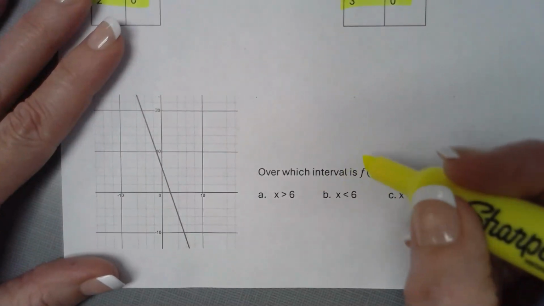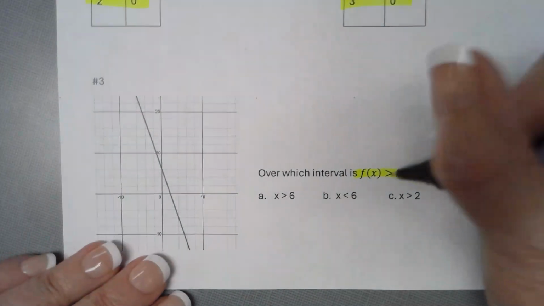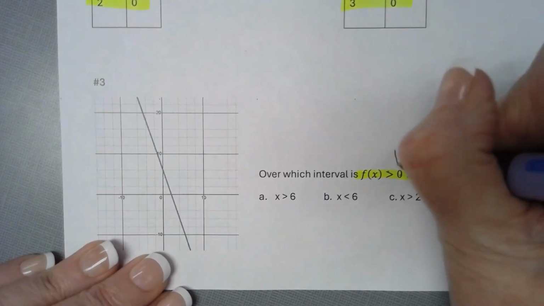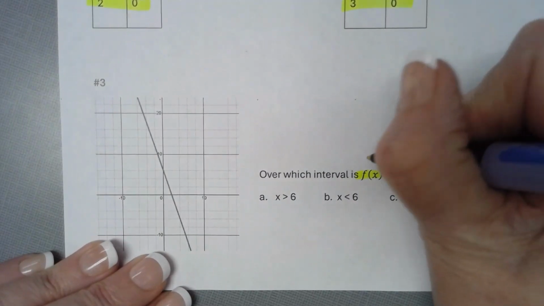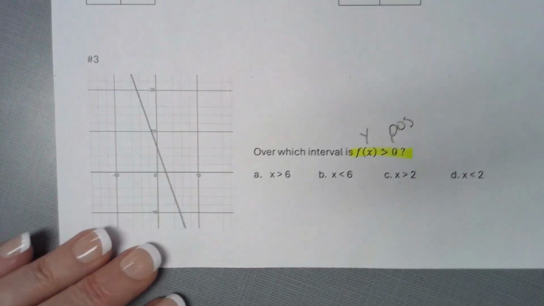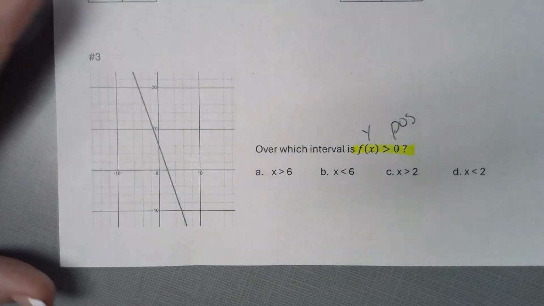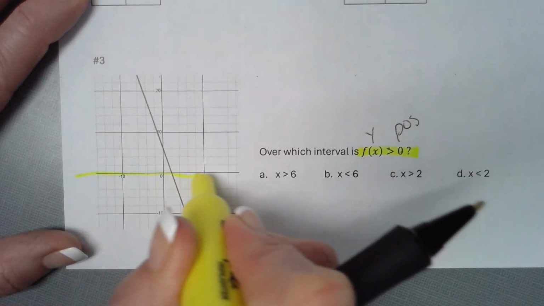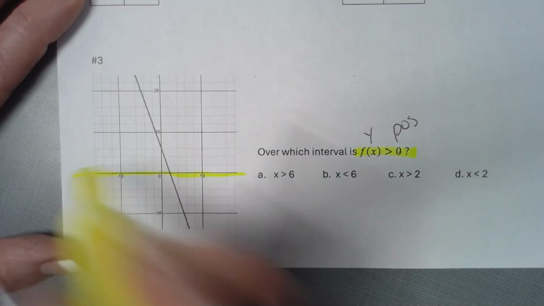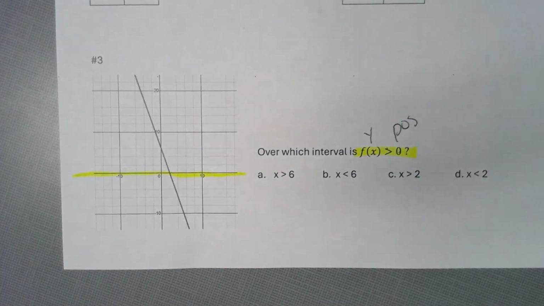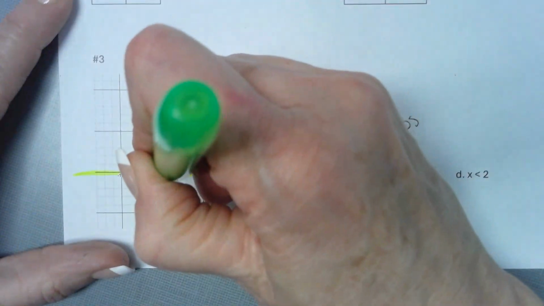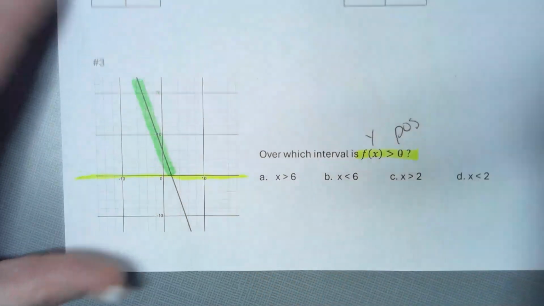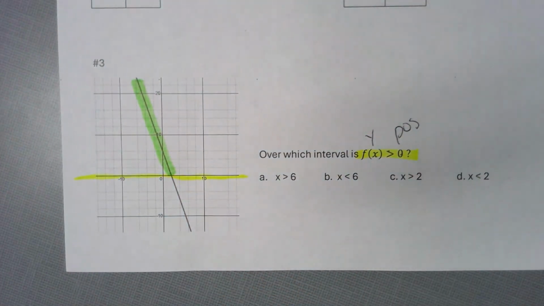And then out of the blue, I just threw in an oldie but a goodie. This is asking you where y greater than 0 means positive. It's asking you where are the y values positive, where is the function positive. Well, for that, it's above the x-axis, so you've got to locate the x-axis. That's right there. And the part of the graph that's above the x-axis is right here. Now, where is the breaking point?